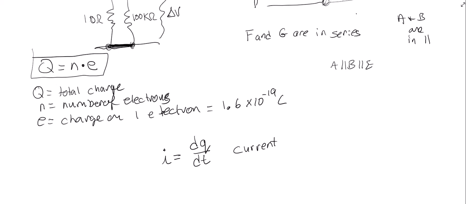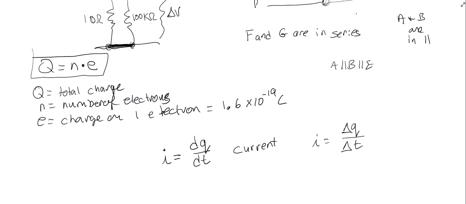We're really talking about how much charge flows through a point in a period of time. So you're looking at a specific point, and what's the charge that goes through that during a specific time? If you don't have a function to take the derivative of, you could say I is delta Q over delta T.